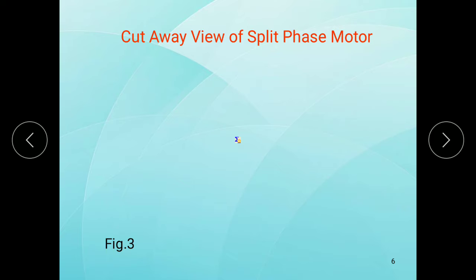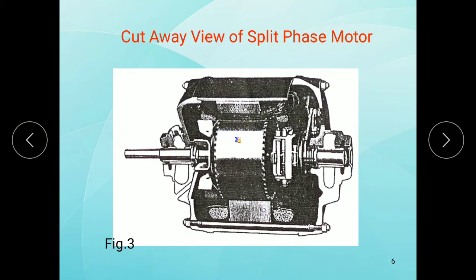Next, the cutaway view of a split phase motor. See this figure, the cutaway view of a split phase motor. Here you can see the inner side, how the stator and rotor are arranged.